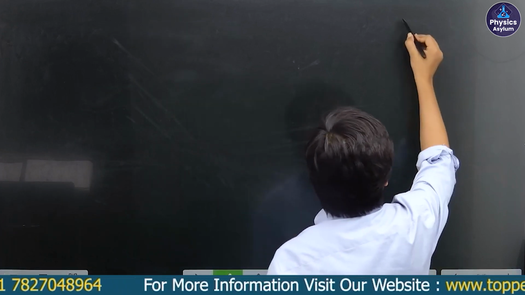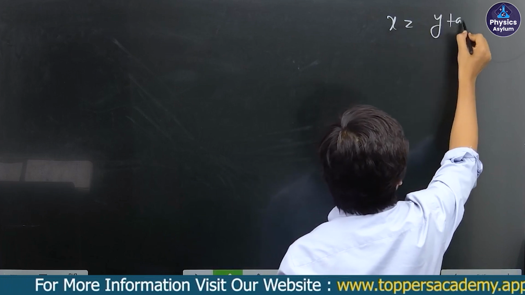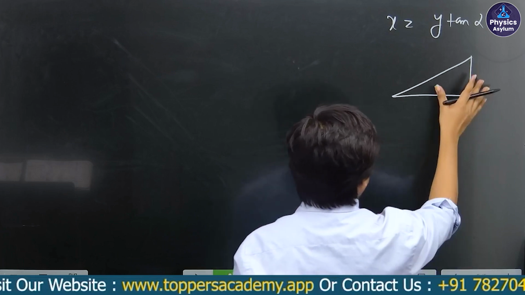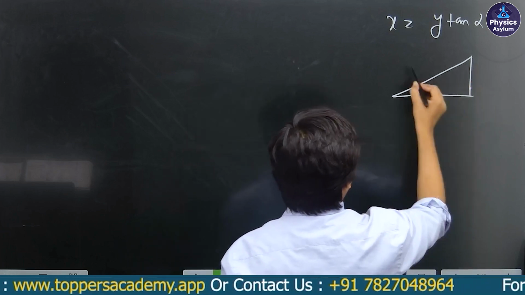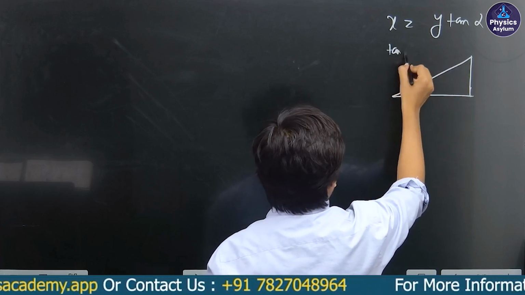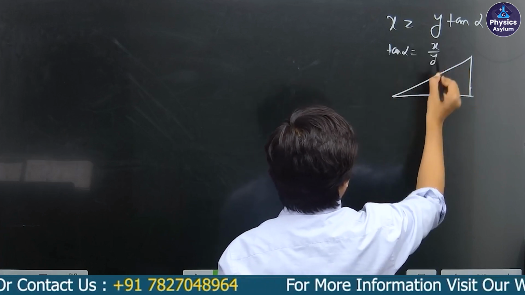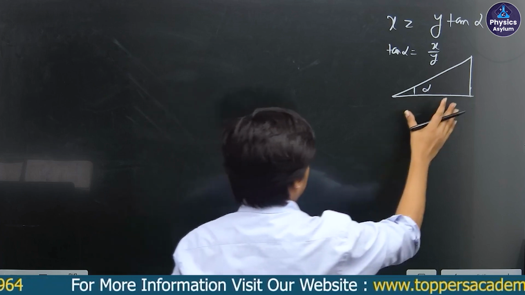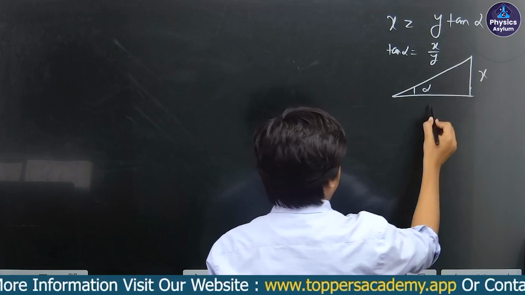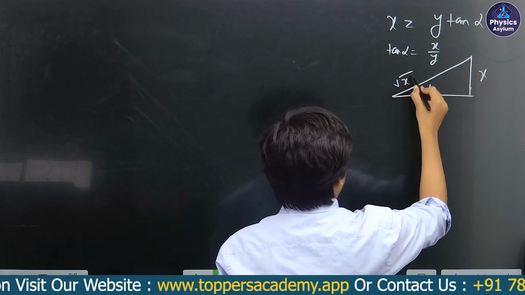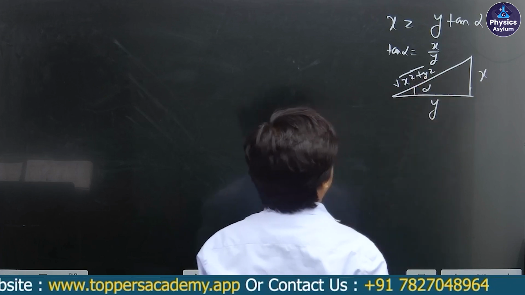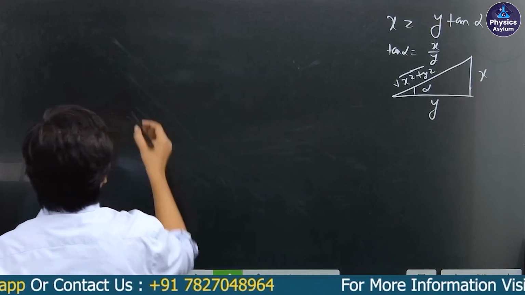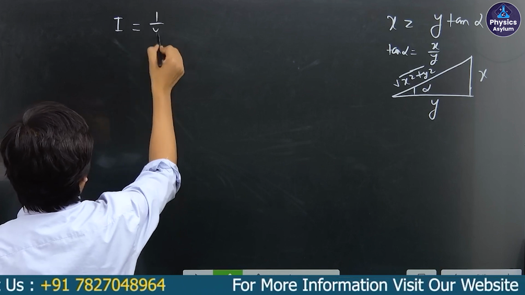Now we know that x is equal to y tan alpha, so tan alpha is x over y. I can draw an imaginary right angle triangle with perpendicular x and base y, so its hypotenuse will be the square root of x squared plus y squared.